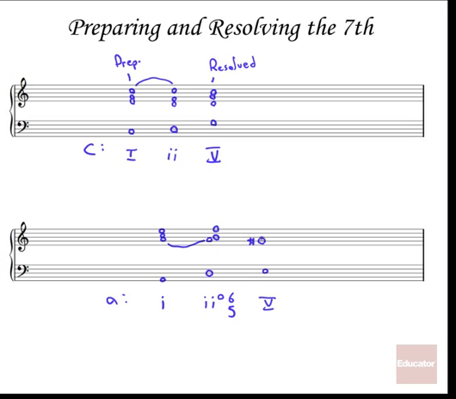So there's the G sharp, and then we can keep the common tone B, and this F moves down a step to A. So again, we've got the preparation, and then here's the seventh, and here's the resolution. And so here, this ends up being a 2, 6, 5, and up here I should have written 2, 7.